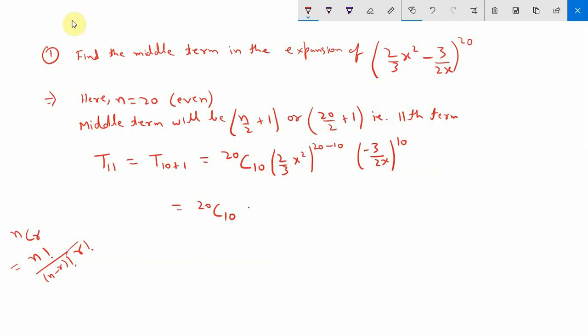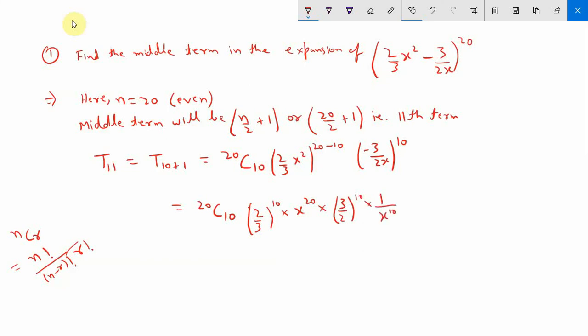And 2 by 3, see, it will be (2/3) to the power 10 into x to the power 20 into, see, minus, and the power is even, so it will be plus, (3/2) to the power 10 into 1 by x to the power 10.